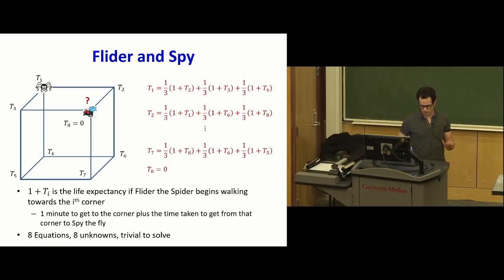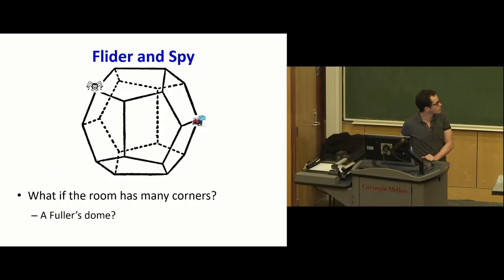So that's just a short introduction. But basically, the idea is that if you write it down that way, it becomes easy. Let's imagine if it's not a cube, it's a dodecahedron, I think. Fuller's dome. Well, how would you do it in this case? How is it any different from the cube? It's the same thing.